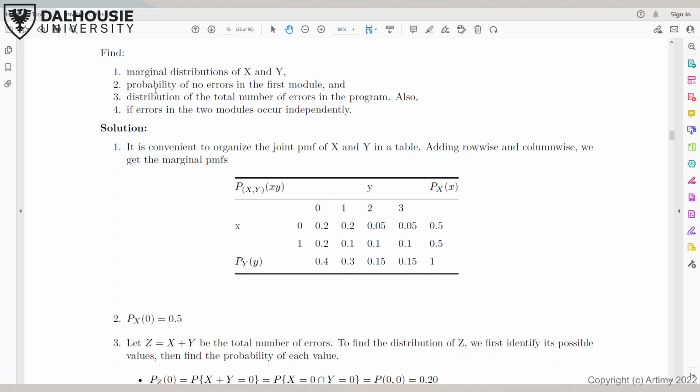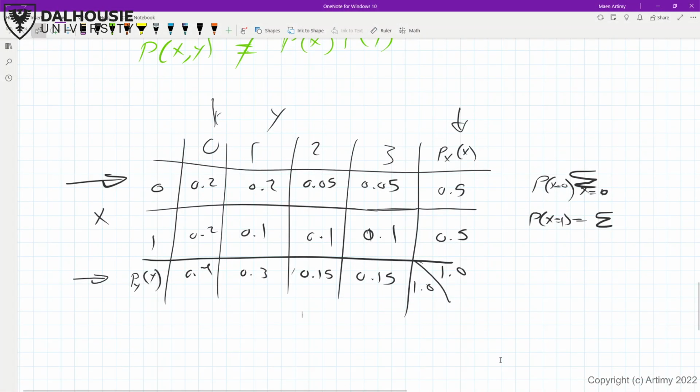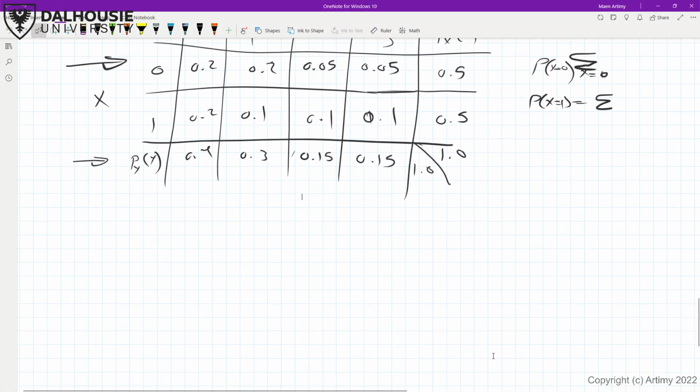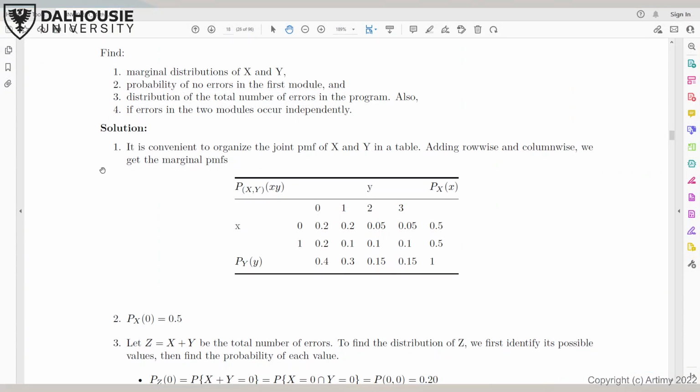Second requirement: we want the probability of no errors in the first module, right? So remember, x and y represent the software errors, or the bugs, in the first module of the software and the second. So they want us to find the probability of no errors in the first module.